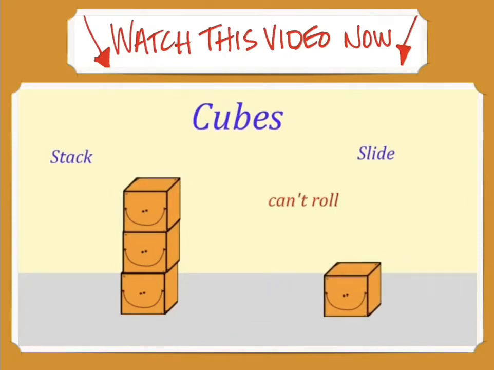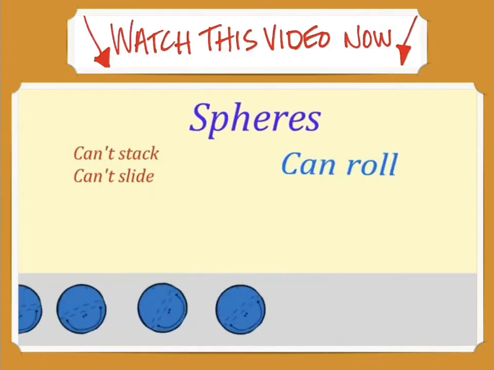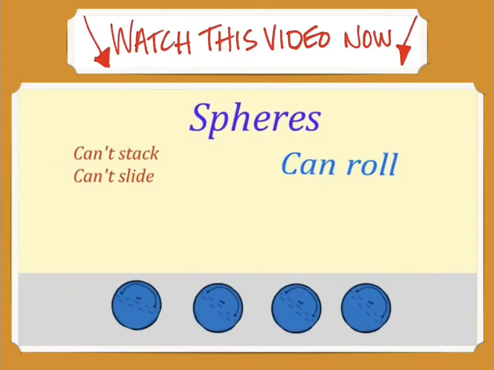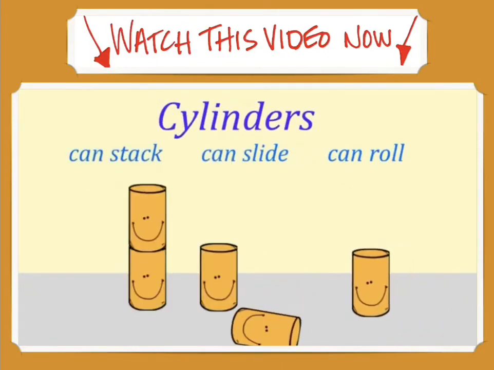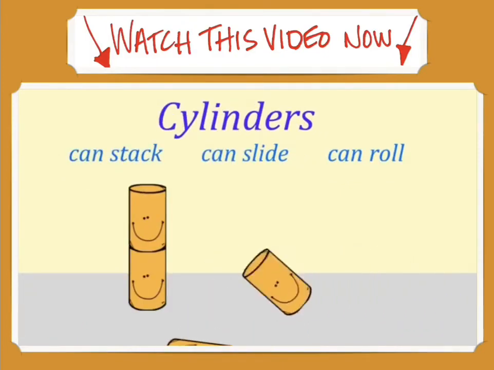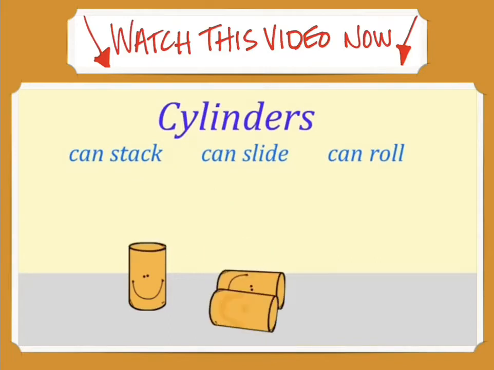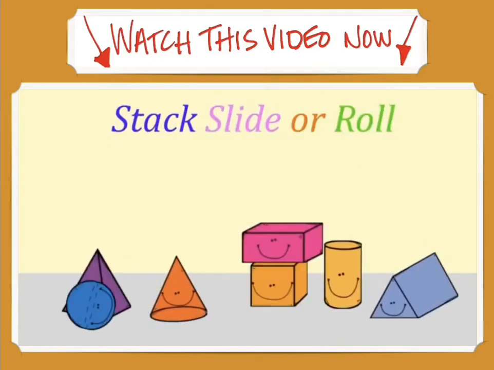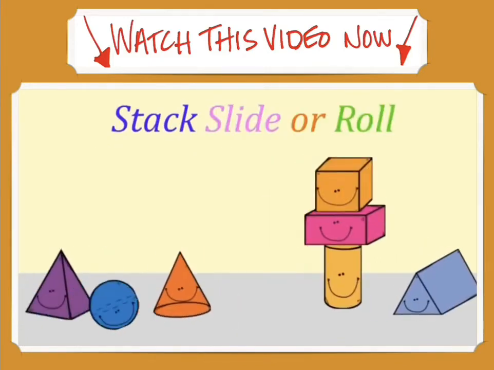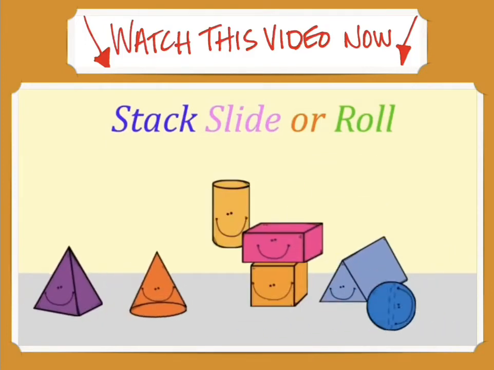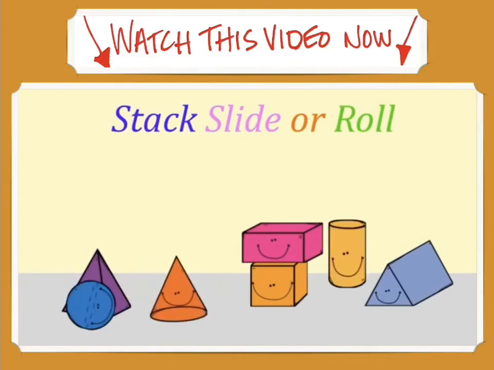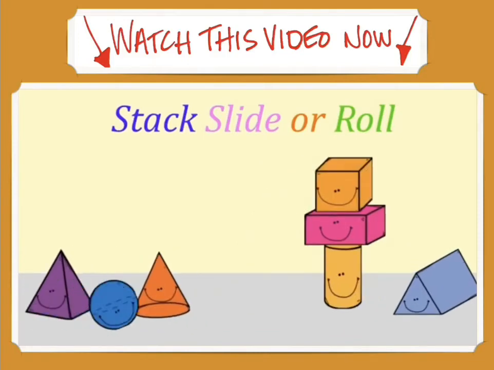Spheres don't stack or slide, but they can roll. Cylinders do it all. They can stack, slide, and roll. Stack, slide, or roll. 3D shapes, they can stack, slide, or roll.